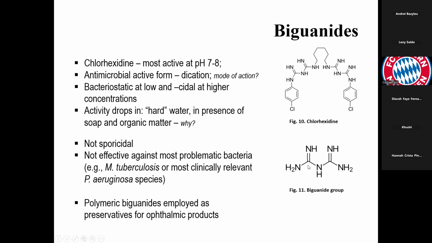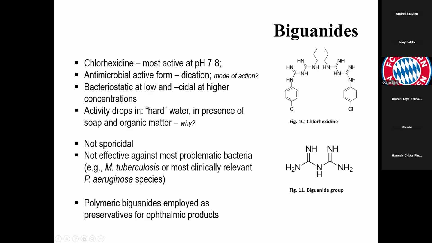The biguanides. These are pretty weak disinfectants. They can be used as disinfectants, but pretty weak disinfectants, and mostly they're used as antiseptics and preservatives. This is the formula. So the biguanide group itself is like this.